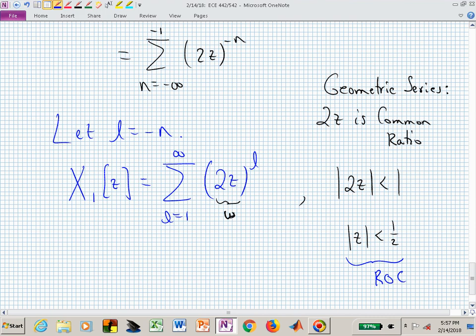It doesn't matter whether L is 1, 10, or 100, we would still need 2z's magnitude to be less than 1. Is that clear? So the lower index doesn't influence that bound or the region of convergence. It will influence the final expression for capital X sub 1 of z, where we start that sum.